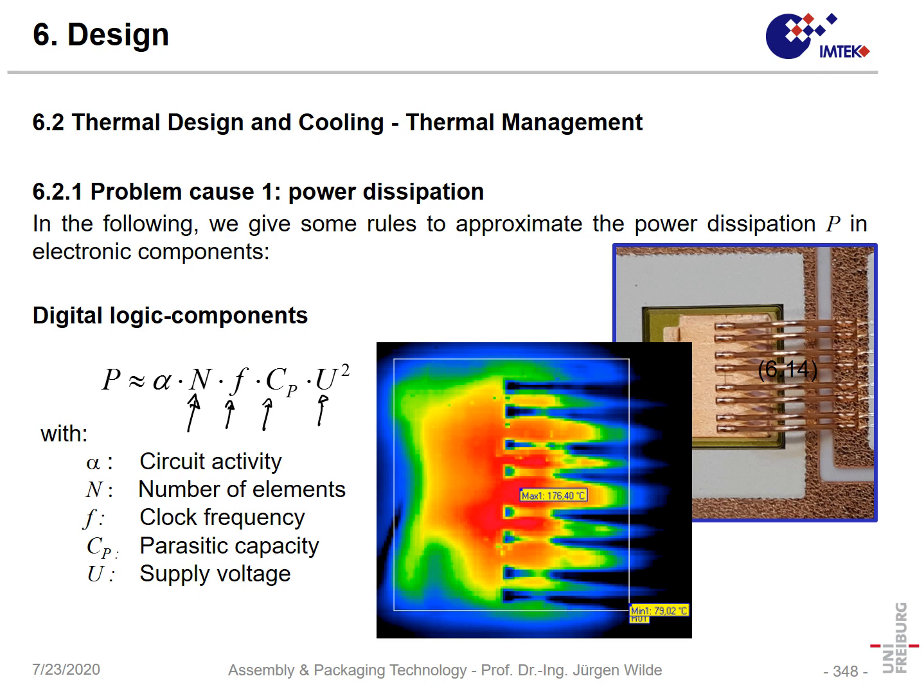And there is one more point, which is the circuit activity factor. That means in a 100 million transistor processor, not all of these transistors are turned on simultaneously, but only some. That's depending on the load.